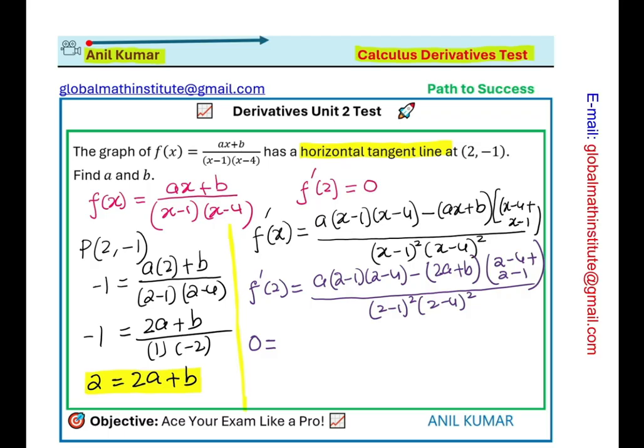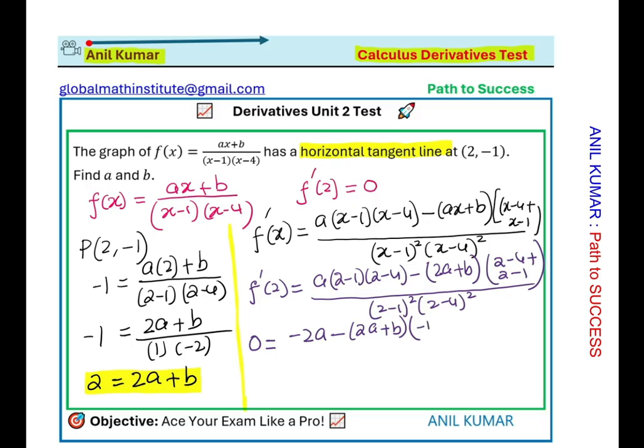So let's multiply. So a times 2 minus 1 is 1. 2 minus 4 is minus 2. So we get minus 2a minus, so here we have 2a plus b times 2 minus 1 plus 2 minus 4, right? So we get 4 minus 4 minus 1, which is minus 1 for us, correct?